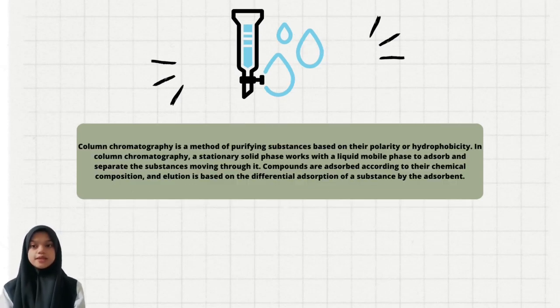Column chromatography is a method of purifying substances based on their polarity and hydrophobicity. In column chromatography, a stationary solid phase works with a liquid mobile phase to adsorb and separate the substances moving through it. Compounds are adsorbed according to their chemical composition, and elution is based on the differential adsorption of a substance by the adsorbent.